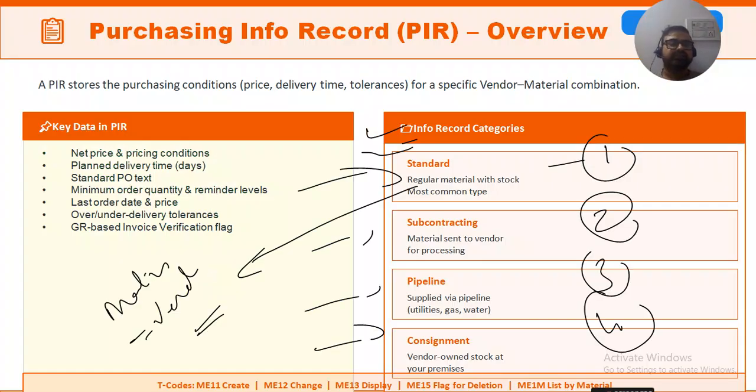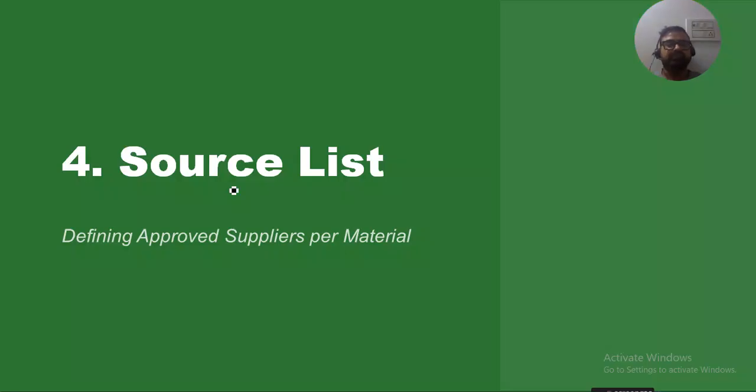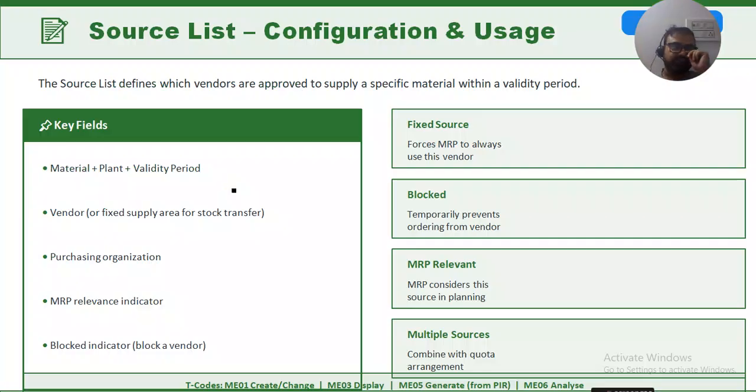What kind of detail we need to put: the price, which the system will fetch automatically when the vendor provides the material, plant, delivery date, how much quantity, minimum and maximum quantity, last order date, etc. Source list. Source list is basically the combination of material, plant, and validity.